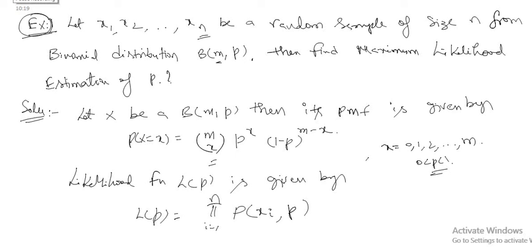I am giving you 1 minute of time. You just try it. From here onwards, how will you proceed? I am going to give you 1 or 2 minutes and I will see. Okay, we will continue.